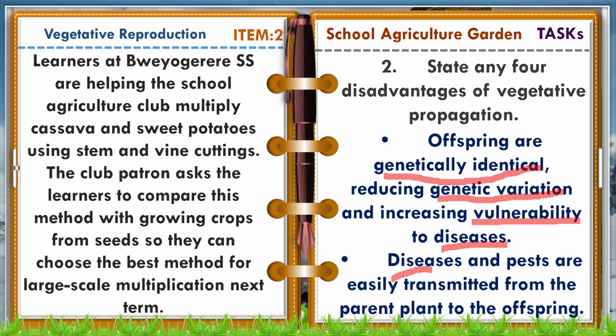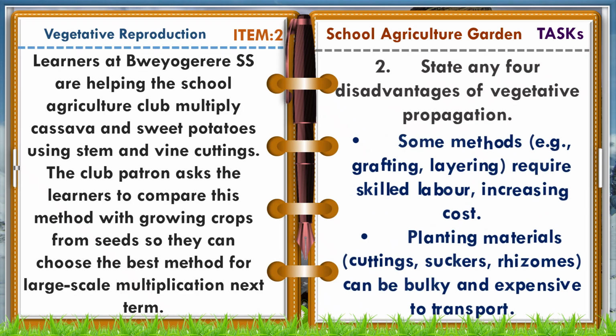The disease and pests are easily transmitted from the parent plants to the offspring. Some methods like grafting and layering require skilled labor, increasing the cost.